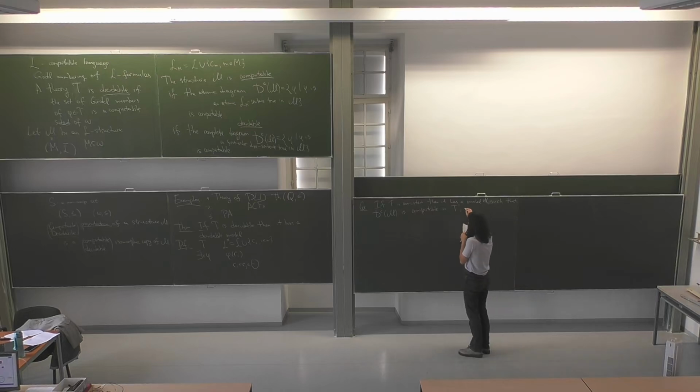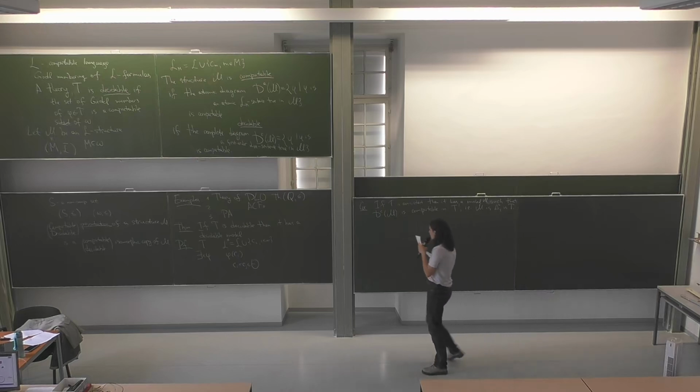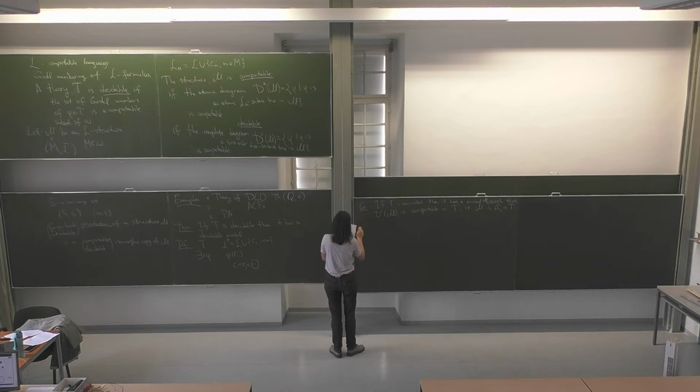So basically, M is delta 0 2 in T. Okay, so this holds for arbitrary theories.